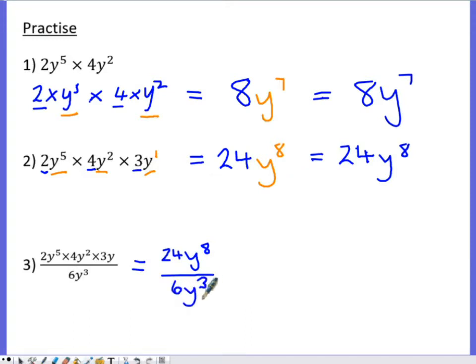Again, let's look at the normal numbers first. 24 divided by 6 gives us 4. y to the power 8 divided by y cubed. Using our indices rules from earlier, we're going to take away the second one from the first. So 8 take 3 is 5, and it gives us y to the power 5. So our final answer is 4y to the power 5.